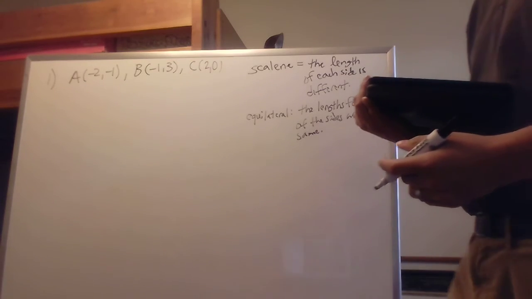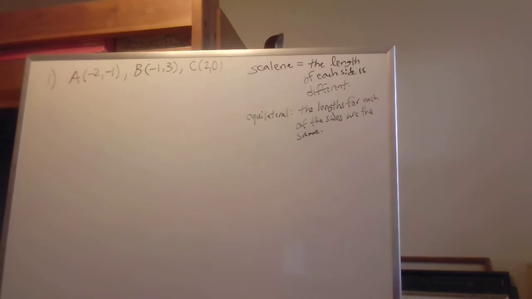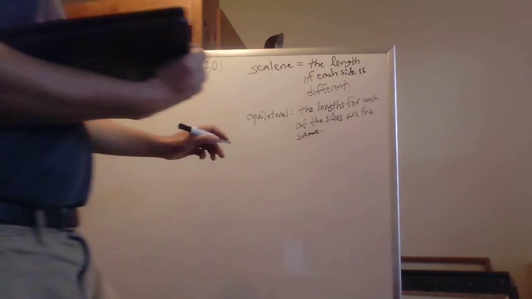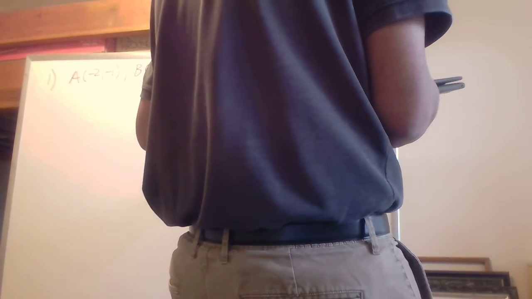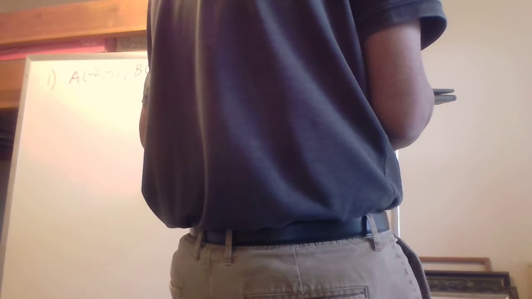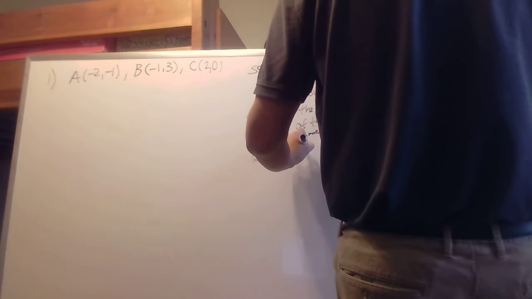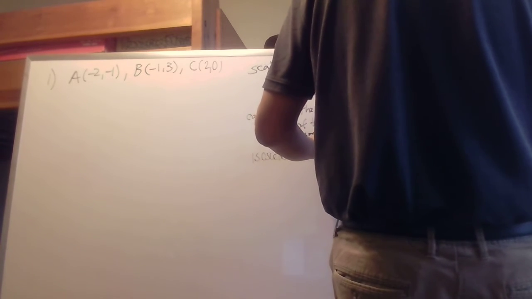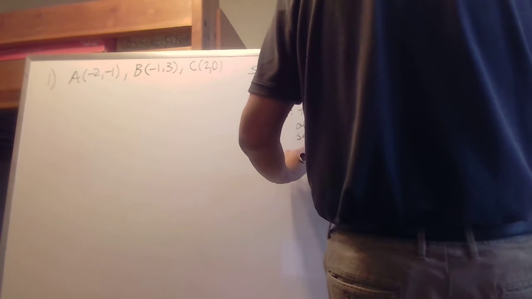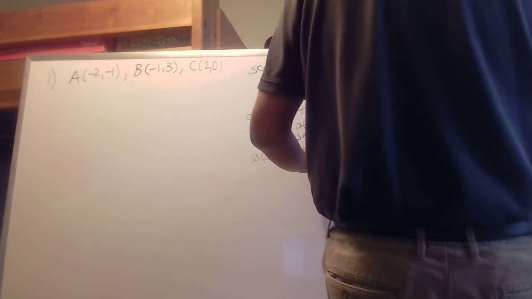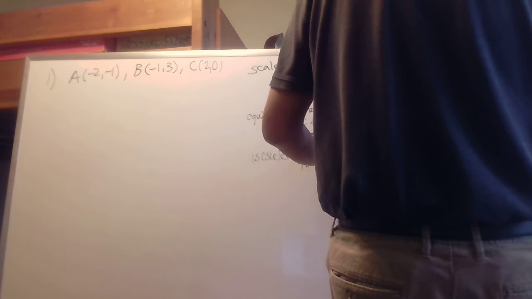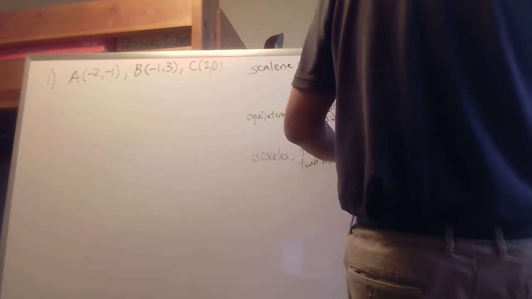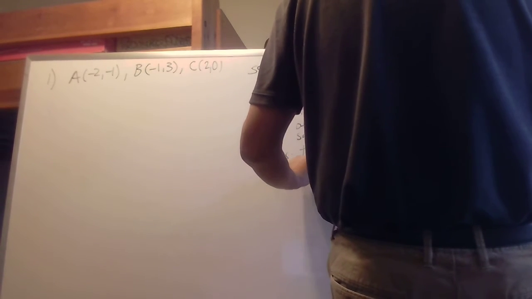And we also know that an isosceles triangle has 2 side lengths that are the same.